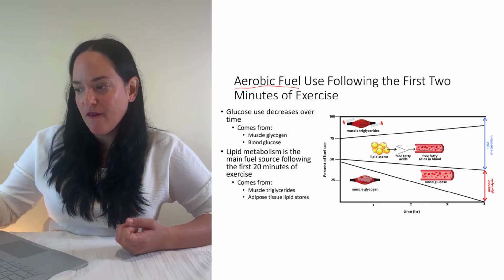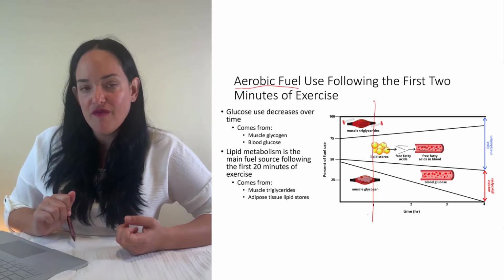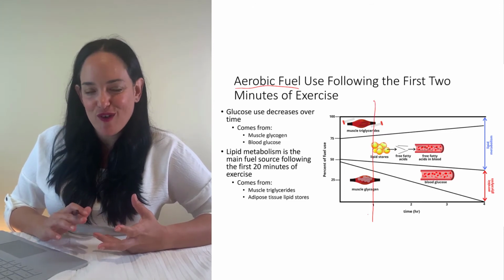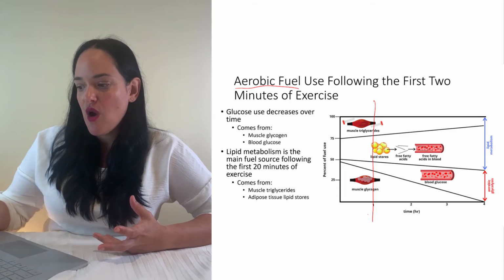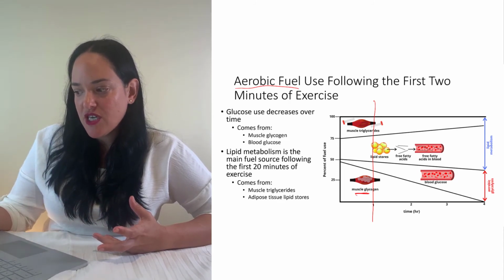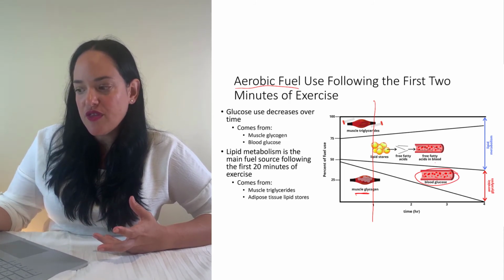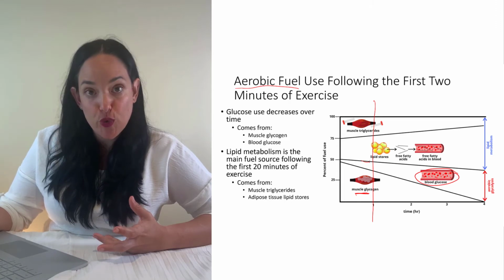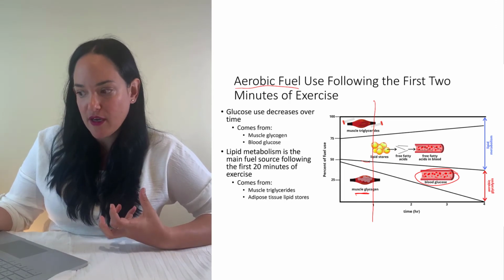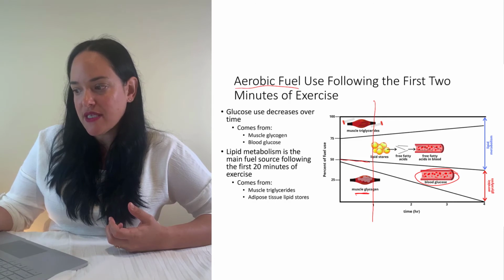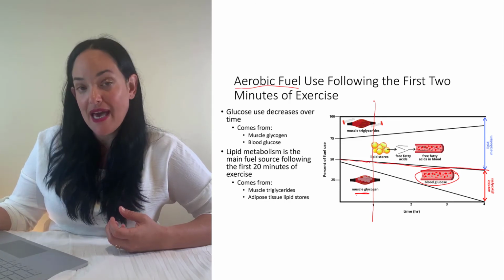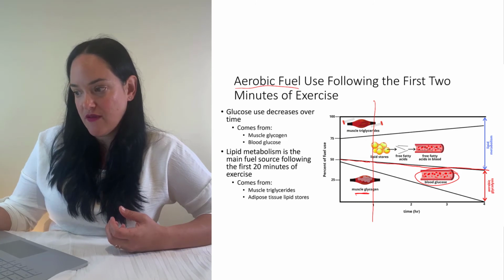Okay, in the first hour of exercise, past that first 2 minutes, our muscle glycogen and our blood glucose, these are the things that are supplying glucose for aerobic glycolysis. But you'll notice that aerobic use of glucose goes down at increasing durations of physical activity.